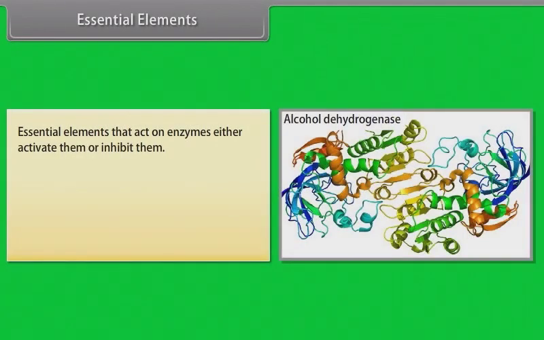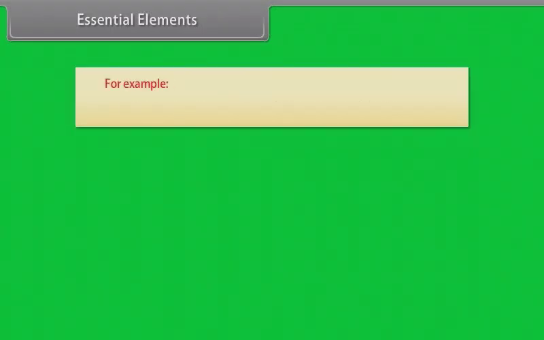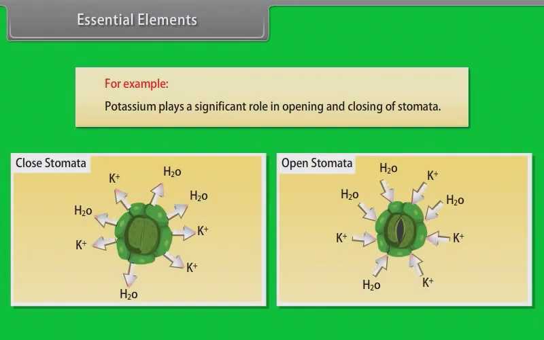Some act on enzymes, either activating or inhibiting them. For example, Zn2+ is an activator of alcohol dehydrogenase. Some essential elements change the osmotic potential of a cell. For example, potassium plays a significant role in opening and closing of stomata.